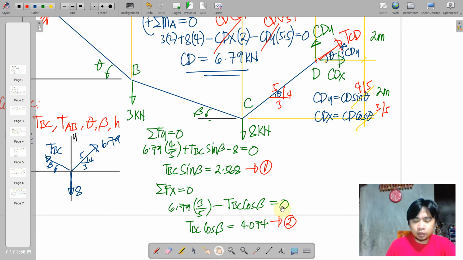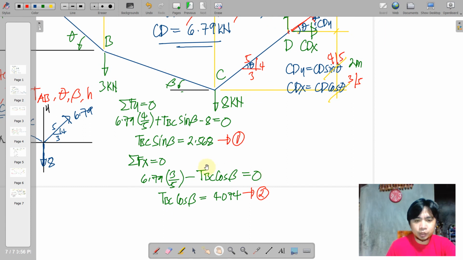So we work with equations 1 and 2. Obviously, we will use our knowledge that the identity sine over cosine is actually equal to tangent, because it is obvious that we have sine beta and cosine beta on both equations.